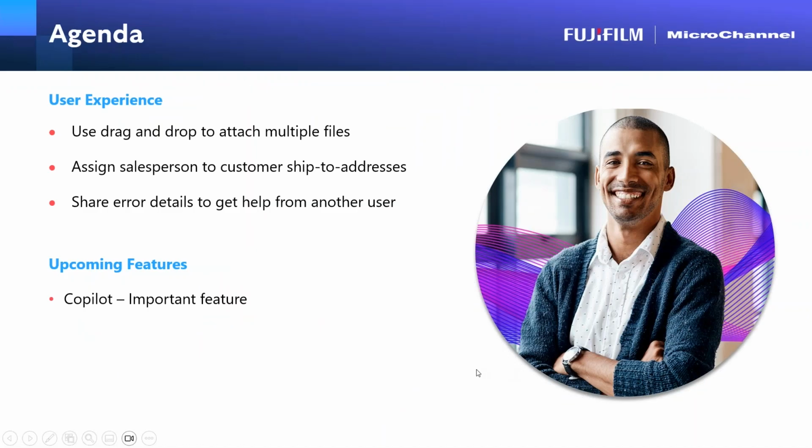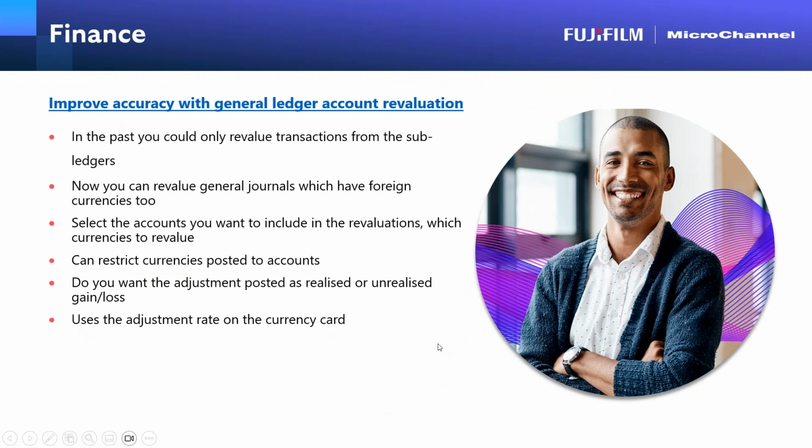The first thing we're going to look at is on the finance side, and this is about being able to revalue your general ledger transactions. In the past, you could revalue the transactions, but only if they were foreign currency transactions that involved a customer, a vendor, or a bank account. Now you can revalue transactions that are just general ledger journal entries.